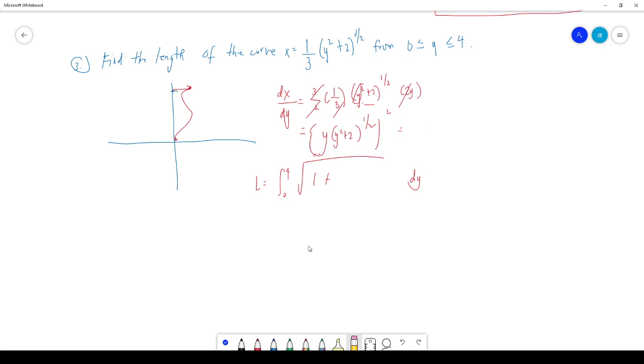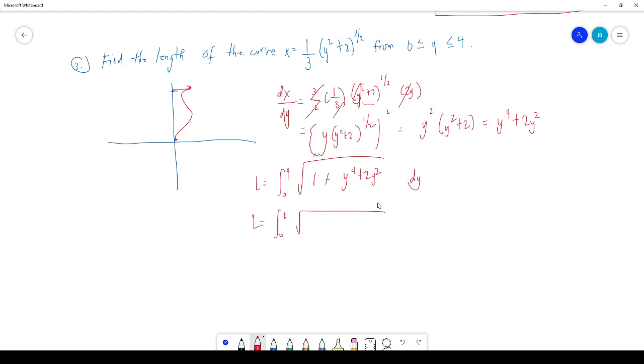If we square that one, that would be y squared, then here the square root will be gone. So therefore, that's y squared plus 2, and that's y to the power of 4 plus 2y squared. So, this will become like this one. Okay, so what is next here? So that's from 0 to 4.